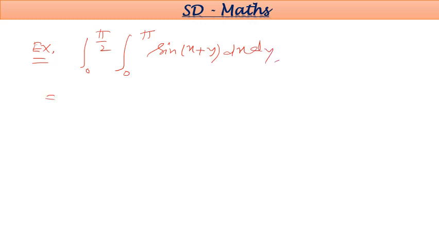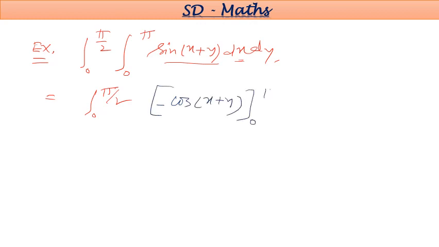This is also a very easy problem, and similarly we have to integrate this entire portion with respect to x. Then integrating, we will get 0 to pi by 2, right? So I'm changing this, so it will be 0 to pi by 2, and this is our minus cos of x plus y, and the limit will be 0 to pi, and since I am integrating with respect to x, it will be remaining dy.